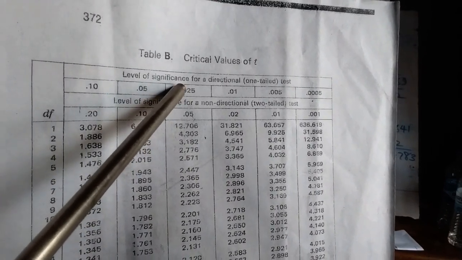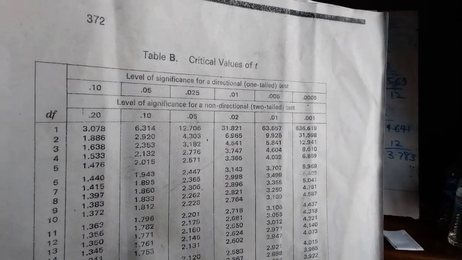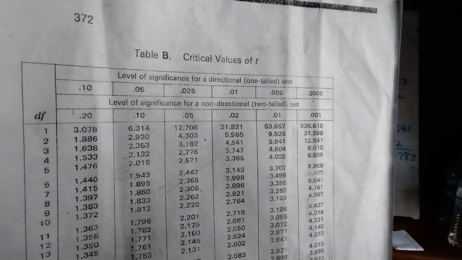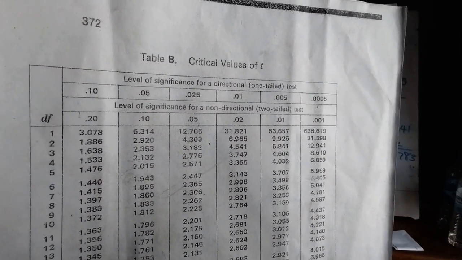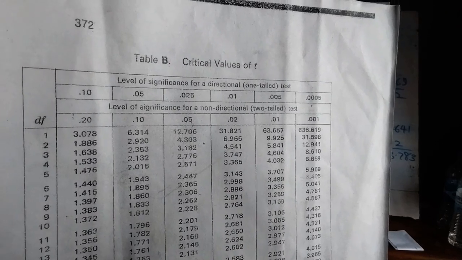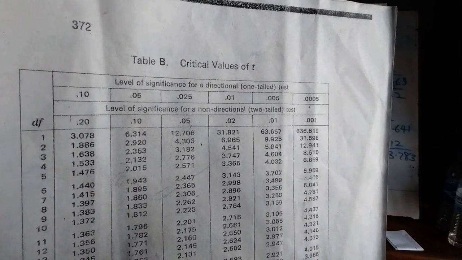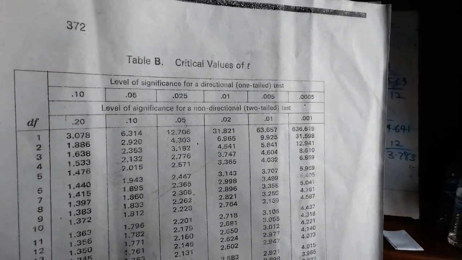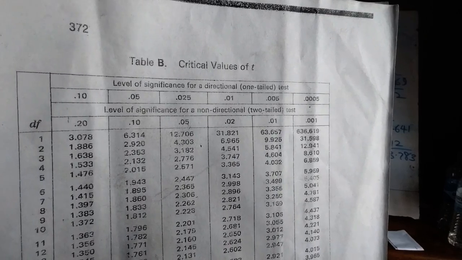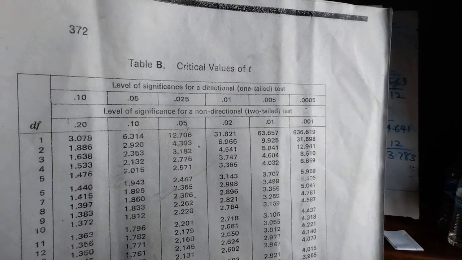Then you can check 0.025 under one tail, for 0.05 under two tail. So if you have a one tail table, and you want to check for a two tail, just divide your level of significance by 2. If you have a two tail table and you want to test for one tail, just multiply your level of significance by 2. But we don't need to disturb ourselves about that.